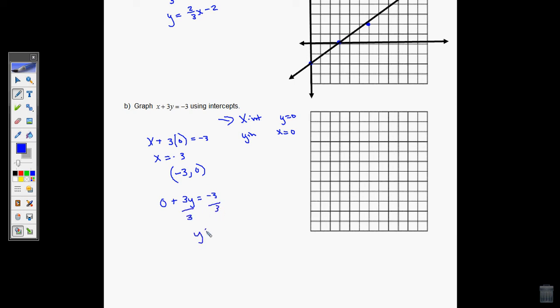Y equals 3 divided by 3 is 1, but that's a negative divided by a positive, so that's -1. So I have another coordinate point, 0, comma, negative 1. Now I have both the x-intercept and y-intercept, 2 points on a graph, which is enough to graph it. It's absolutely brilliant. So why don't I go ahead and make this here.